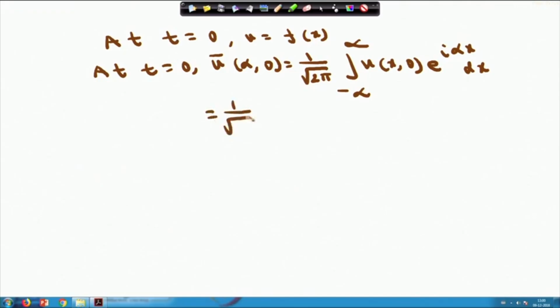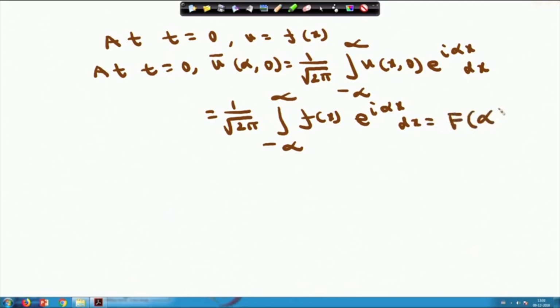So, this equals 1 by root 2 pi integral from minus infinity to infinity f x into e power I alpha x into dx. And this I can write down as capital F of alpha, because 1 by root 2 pi integral from minus infinity to infinity f x e power I alpha x dx is the Fourier transform of f x. So, what I am getting at t equals 0 is u bar alpha 0 equals F alpha.